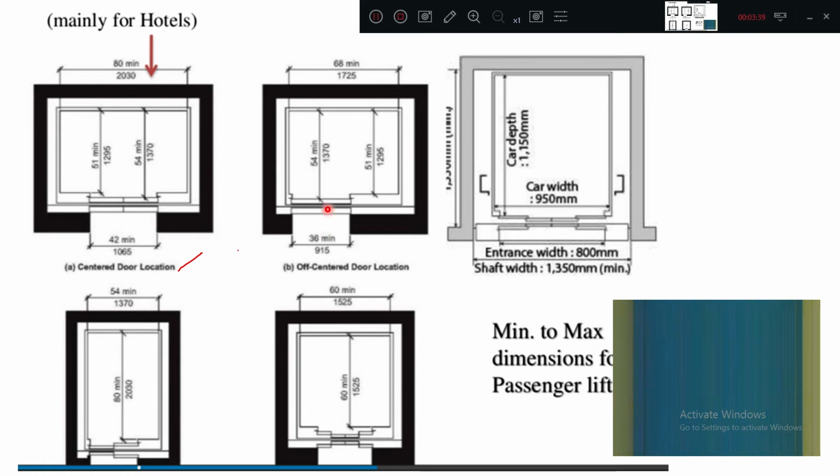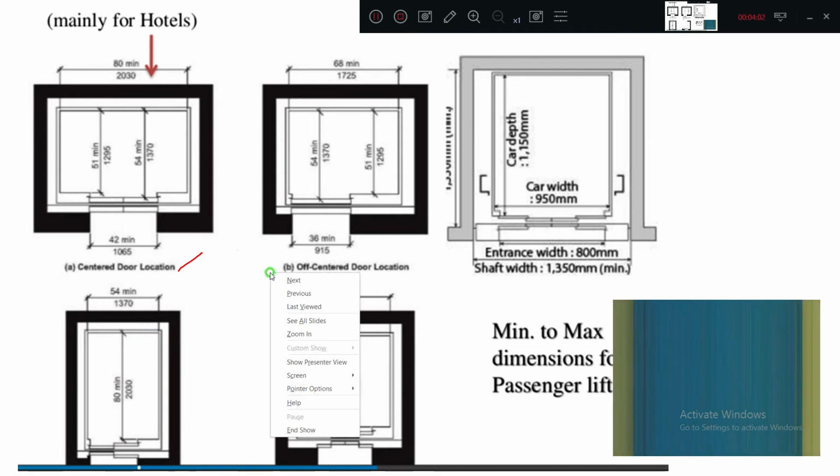The dimensions are there, minimum. It's not very common. Here 1295, 1370. So these are the dimensions. This is the plan, this is the front view. These are the doors. Height is mentioned minimum 2 meter, here 1.5 meter for a smaller one. So minimum dimensions are mentioned.